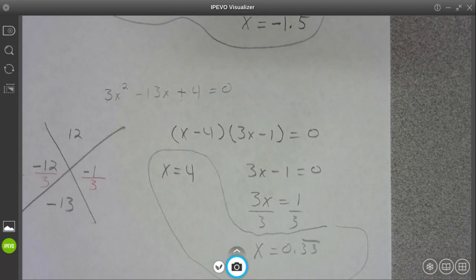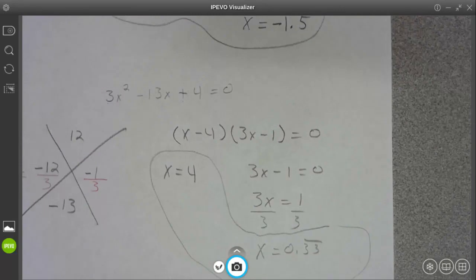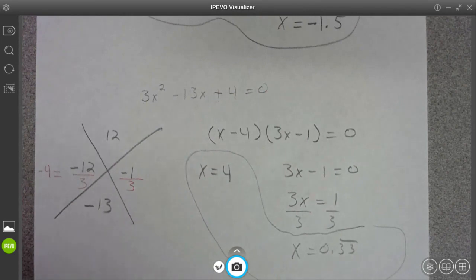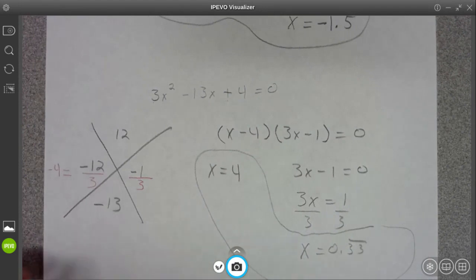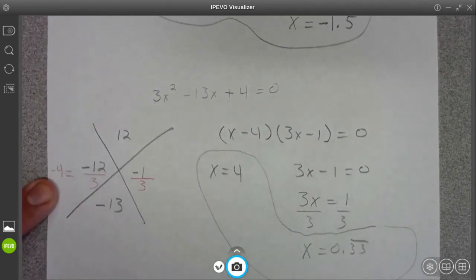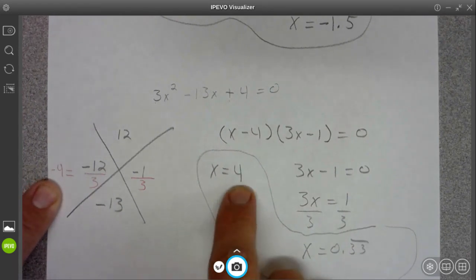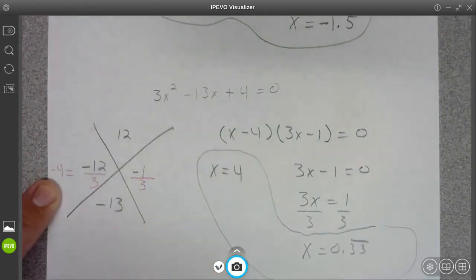I guess I'm going to mention this. It might save you some time. If you like to memorize stuff, it'll help you. So if you're using the AC method like I'm doing here, if you're doing my other method, the old school method, forget this. Just keep doing that and then set the factors equal to 0. But you'll notice in both examples, if this was a negative 4 over here, the answer was positive 4. That's the number that you would plug in for x to get 0.